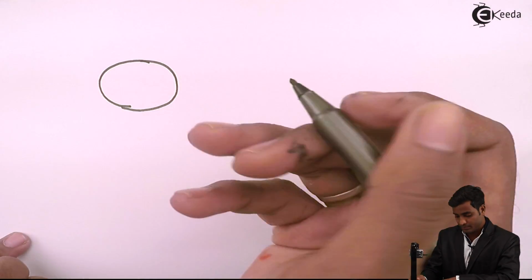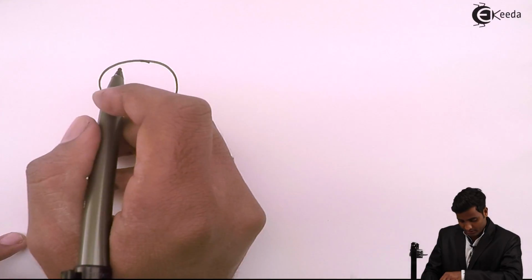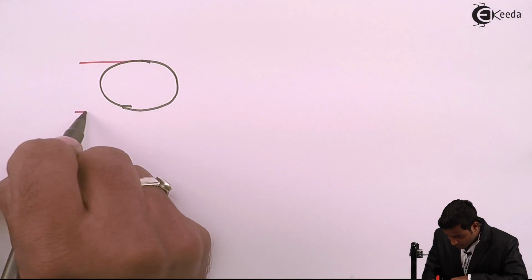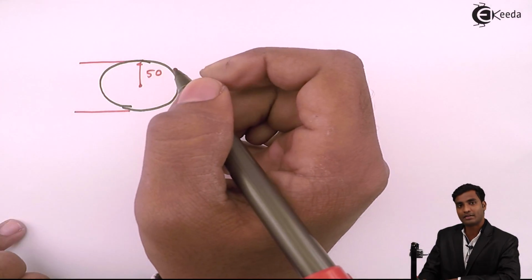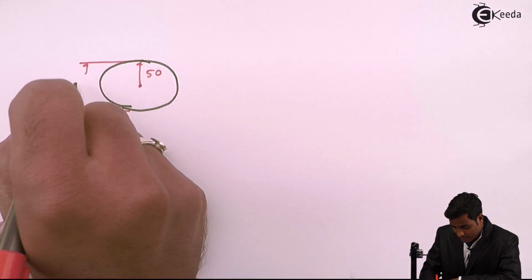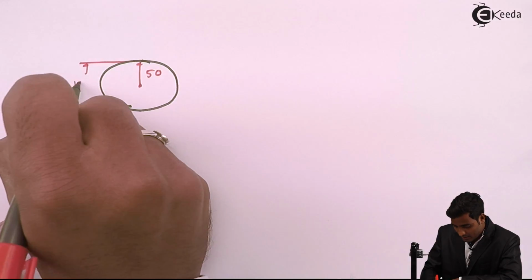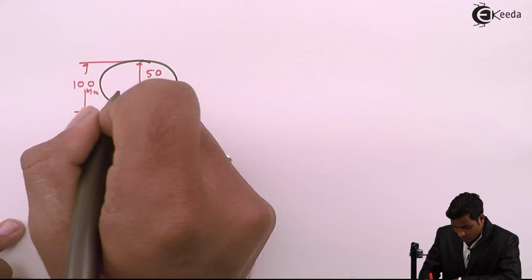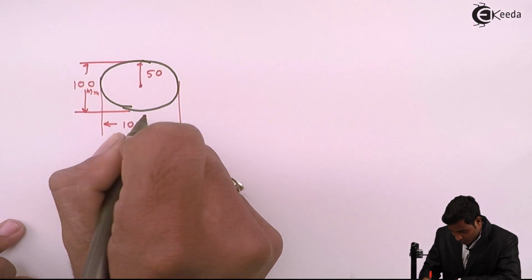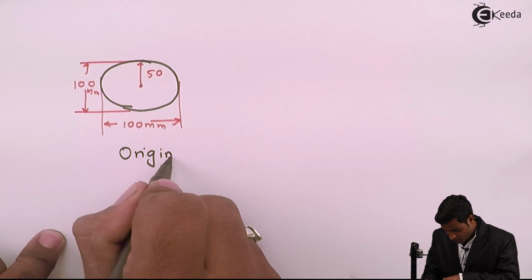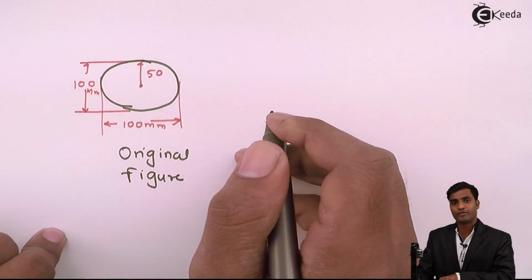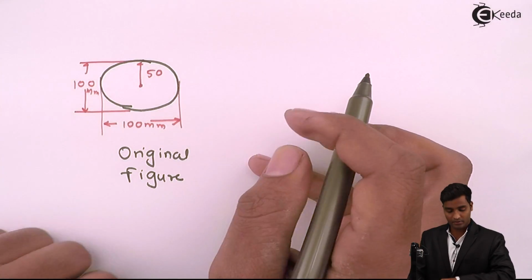This is a circle whose radius is 50 mm, so its diameter is twice the radius, that is 100 mm. This is the original figure.